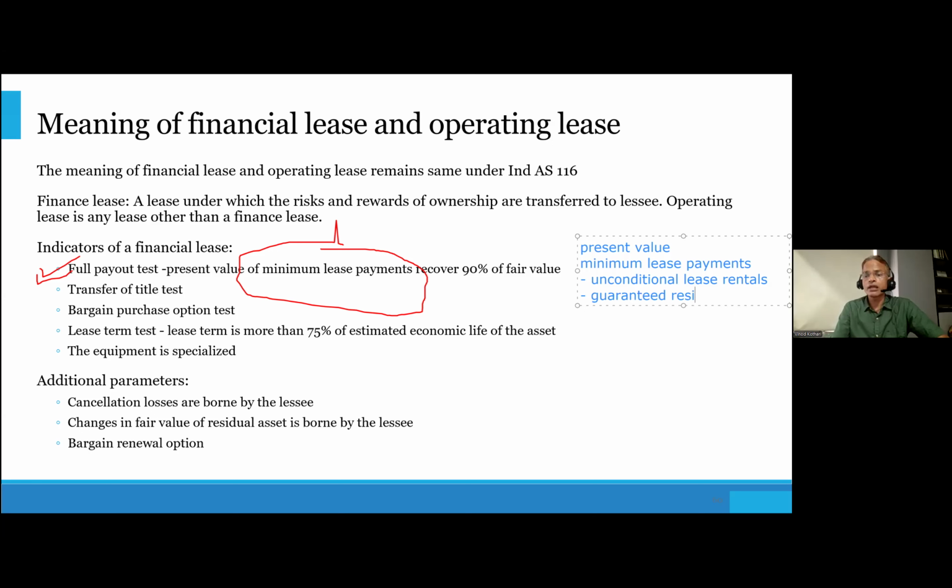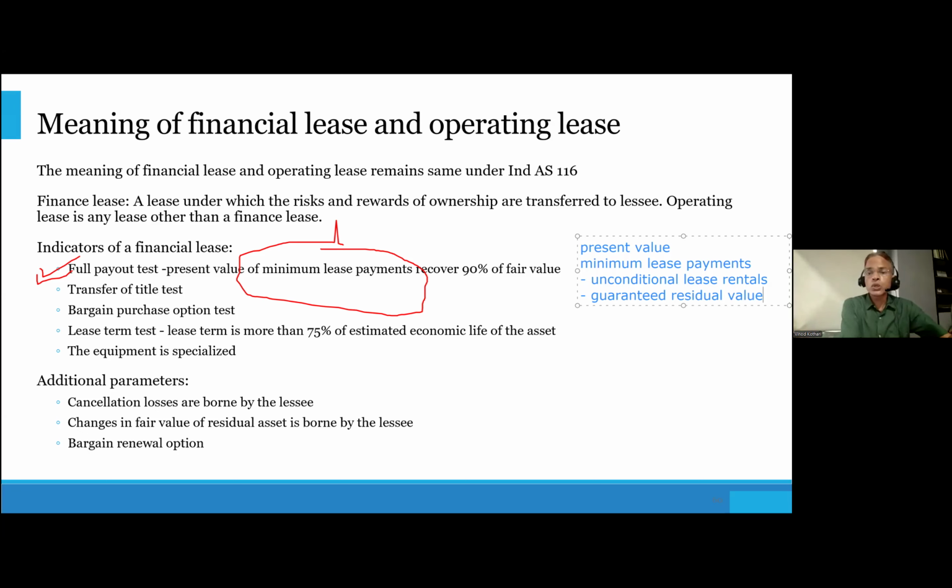Now once again, those who were there in the first episode would recall I mentioned that for the lessor, it does not matter who has given the guarantee. The guarantee might have come from the lessee, or from a third party, but as long as I have a guaranteed residual value, I'm entitled to say that I have a minimum lease payment because I'm assured of the residual value.